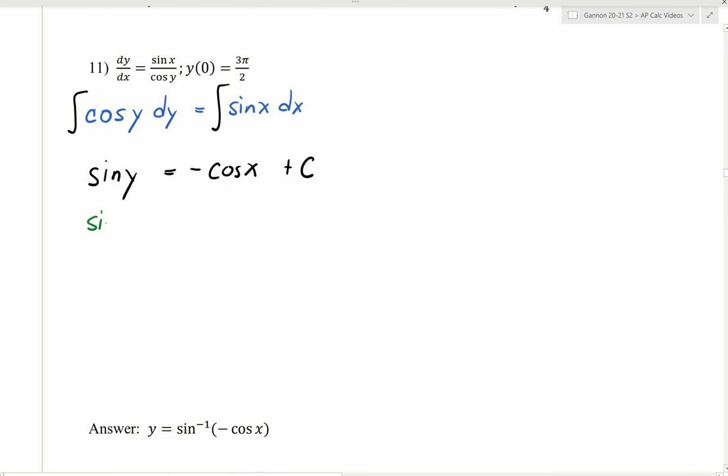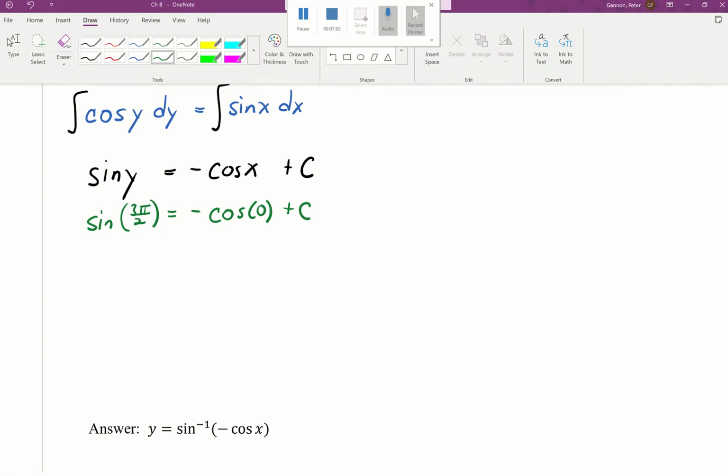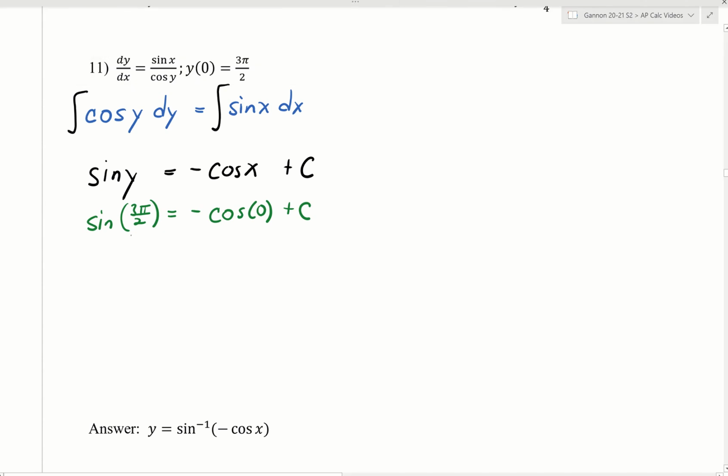So we've got sine of 3 pi over 2 equals negative cosine of 0 plus c. Sine of 3 pi over 2 is, let's see, negative 1. And then negative cosine of 0, so that's going to be negative 1 plus c, which means c is 0 in this case.